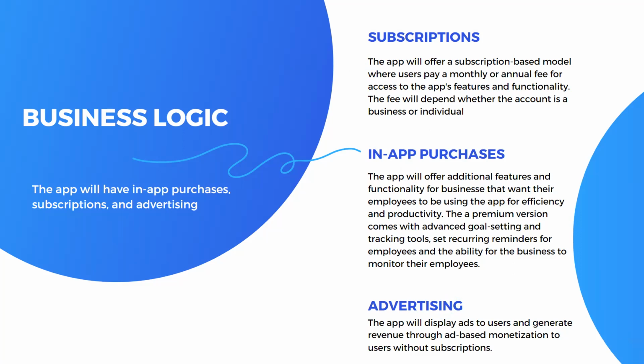Subscriptions, if you look at Netflix's, Spotify's business models, they charge users a monthly fee to access the app features and functionality, and that's something that we are going to be incorporating into our app. So we offer a subscription-based model where users pay a monthly or annual fee to access the app's features and functionality. The fee will depend on whether the account is a business or an individual.